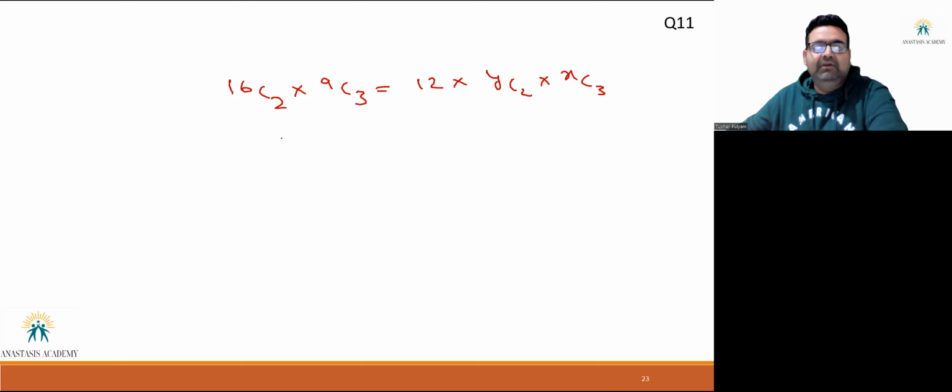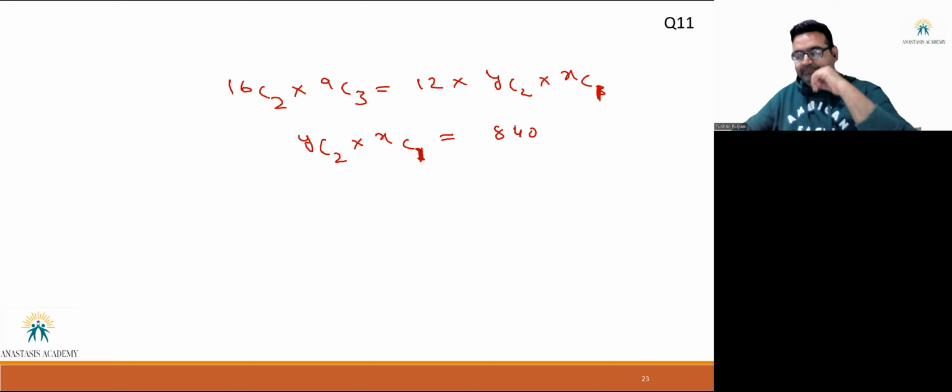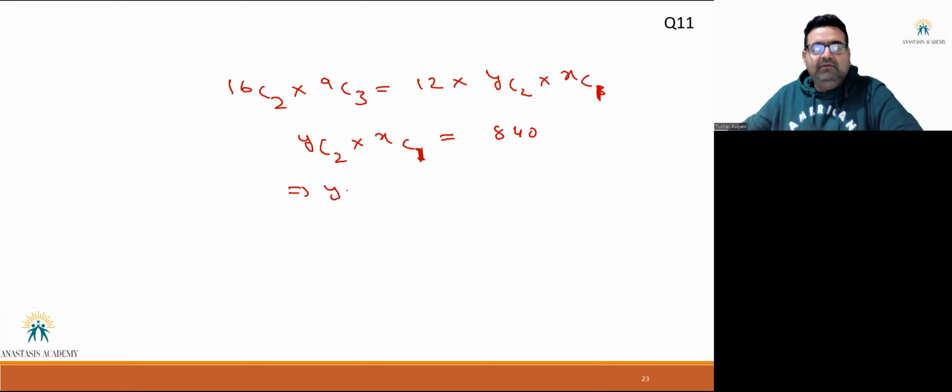If you actually calculate 16C2 into 9C3 divided by 12, this comes out to be, I think I'll just take the numbers which I get, 840. Now, this step will be similar for both of us. This 2 from below will go here, and 840 into 2 will be 1680.